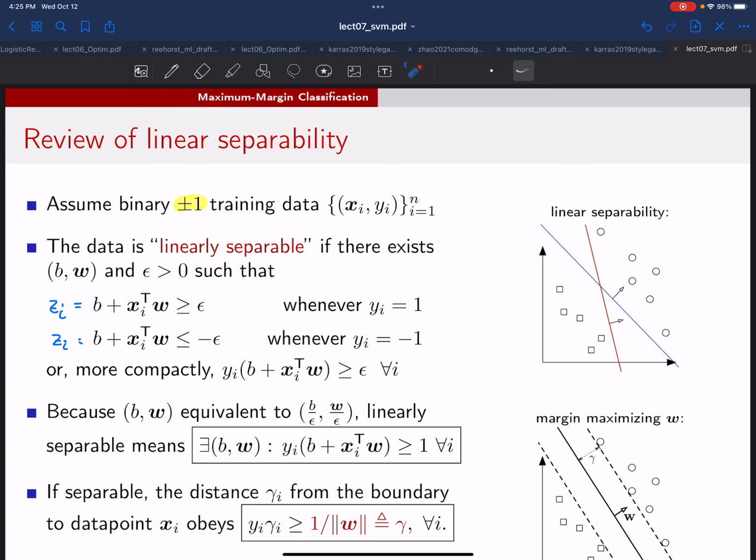So this is how we can think about it. And we don't want to have a situation where along our boundary we have samples from both classes. If they're exactly on the boundary, then it's not really separable, right? We just need them to be a little bit off the boundary. That's why we have this positive epsilon. It pushes the points a little bit off the boundary for them to be linearly separable.